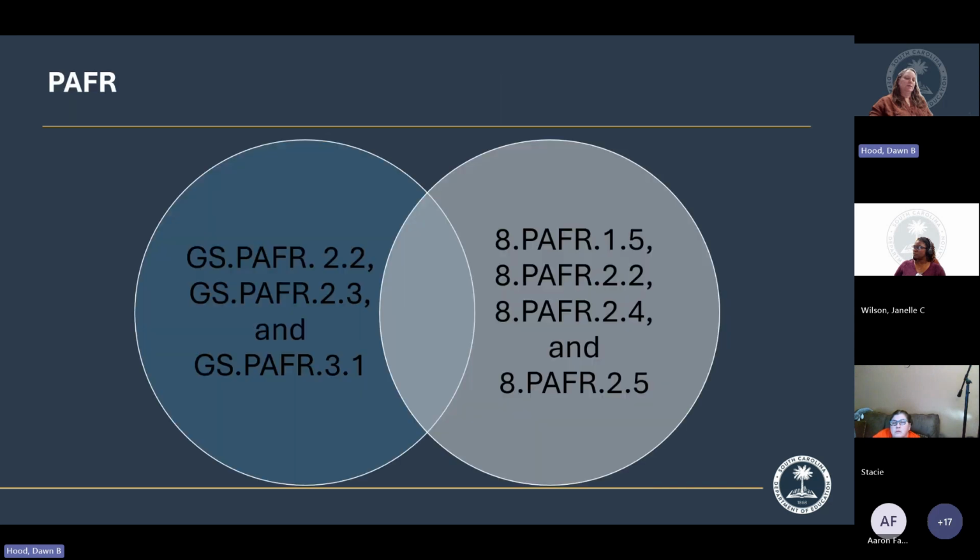And then students need to use slope to determine the equation of a line in 8.F 24 and 25, which goes with GS.F 23. Students will be analyzing two functions in 8.F 15 to determine if lines are parallel, perpendicular, or neither, which goes along with GS.F 22.